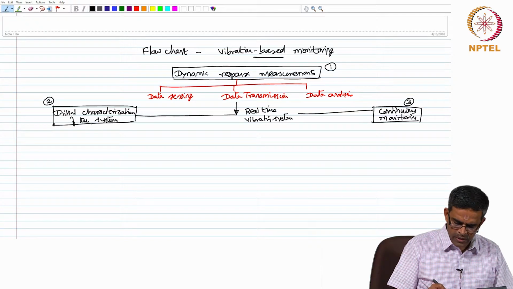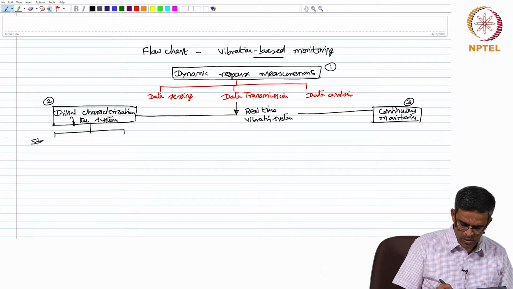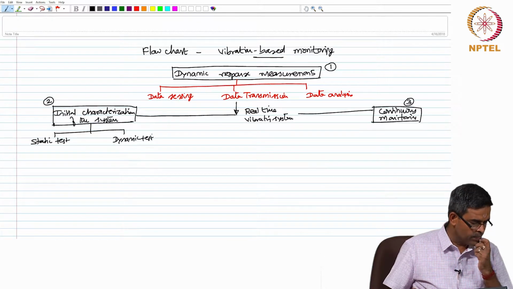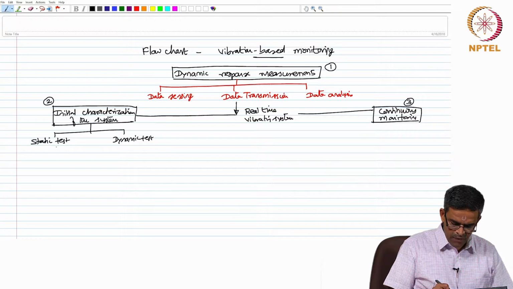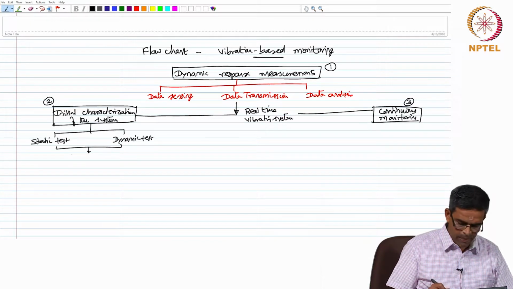So, in the initial characterization, we can achieve the results by two ways. One is the static test, other is the dynamic test. Both of these data will be useful to prepare a baseline model.